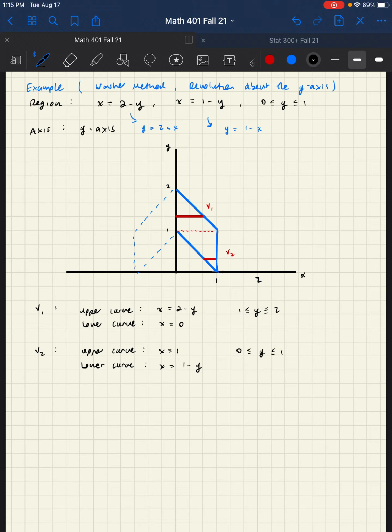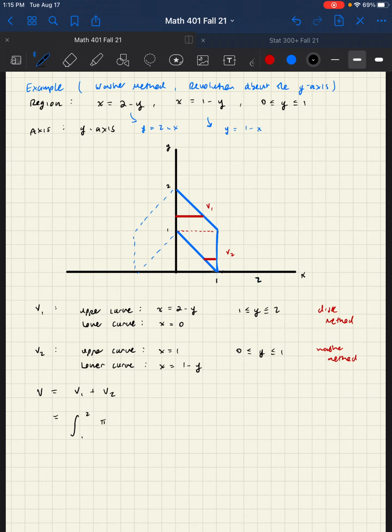And for that, we have y between 0 and 1. Notice that the first one is just straight up disk method, but this one is a washer method about the y-axis. So when we do this calculation, we're going to split it up into V1 and V2.